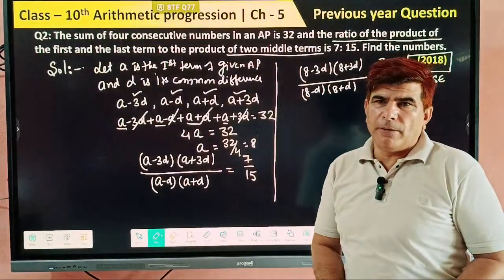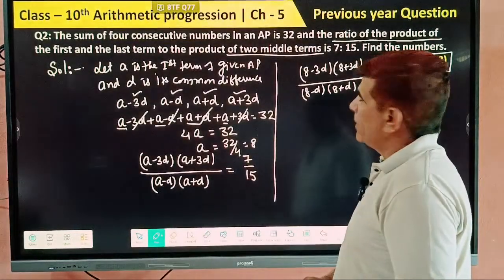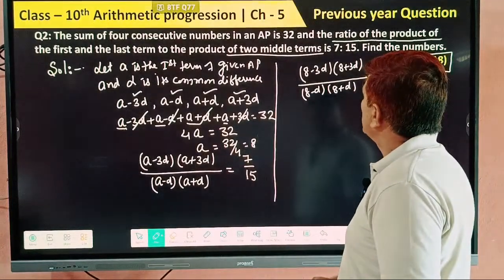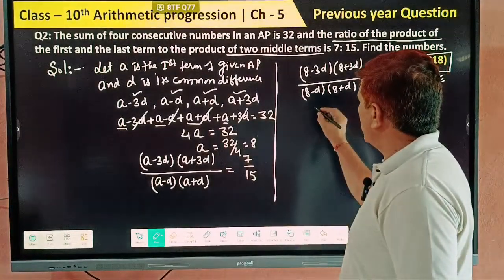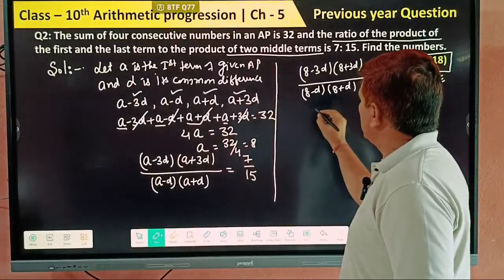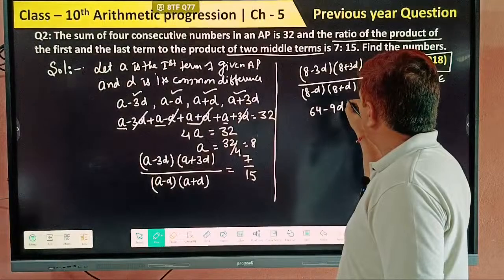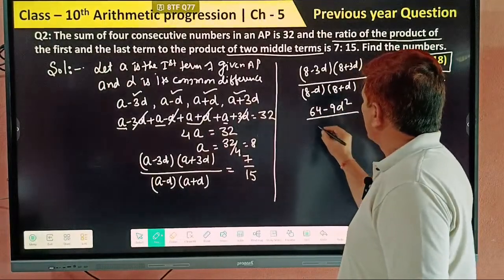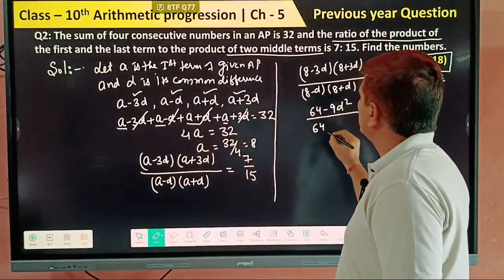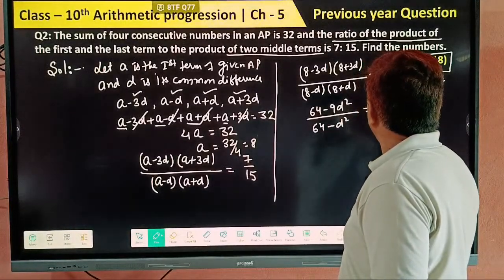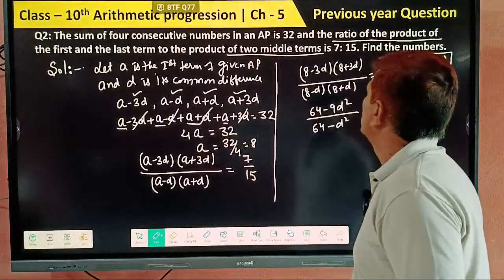A minus B into A plus B is A square minus B square. So 64 minus 9D square by 64 minus D square is equal to 7 by 15.